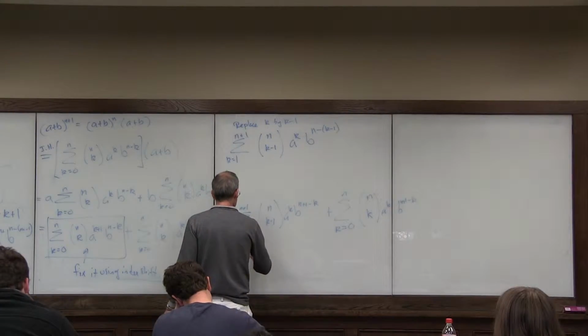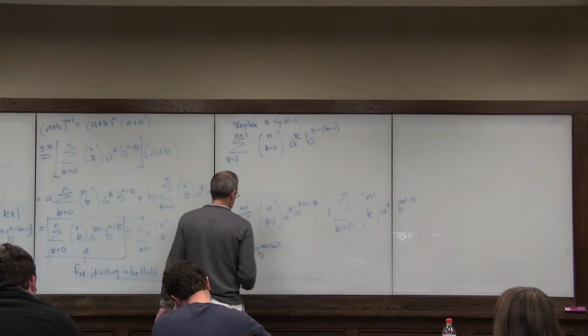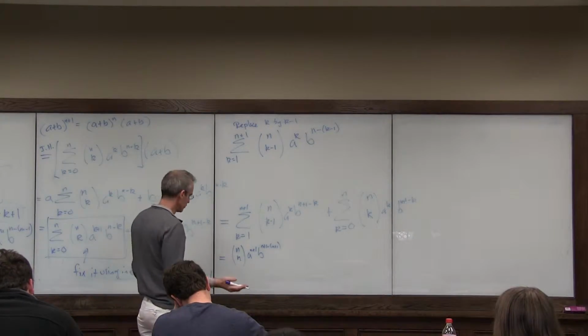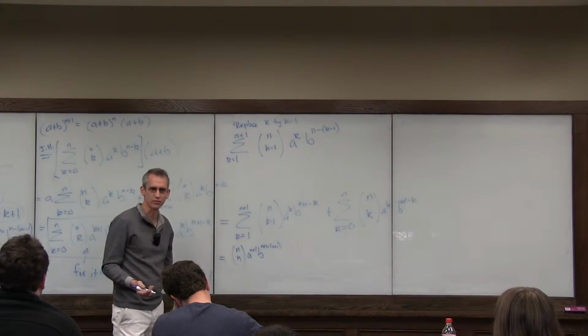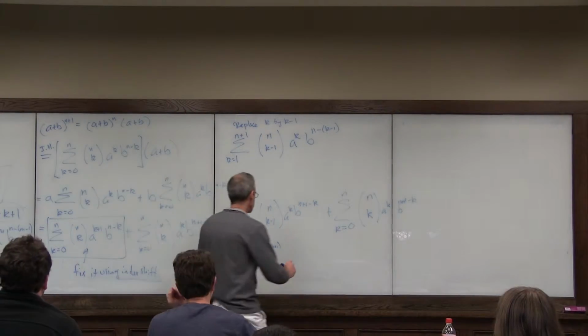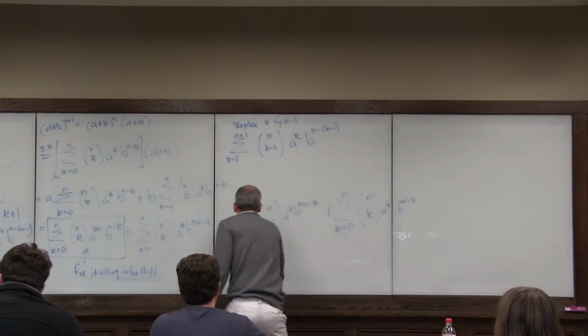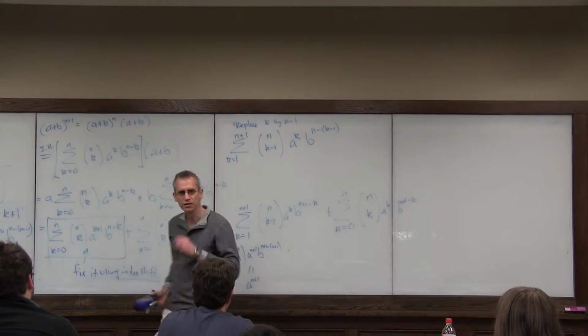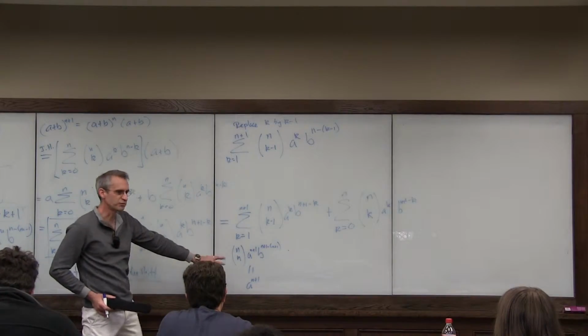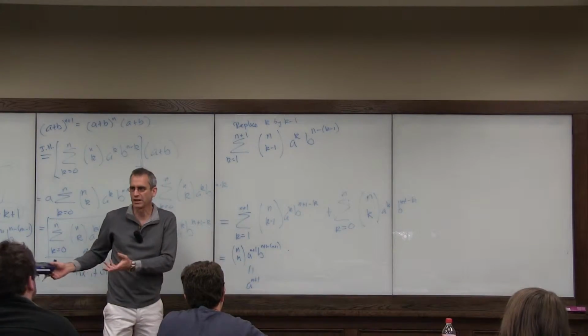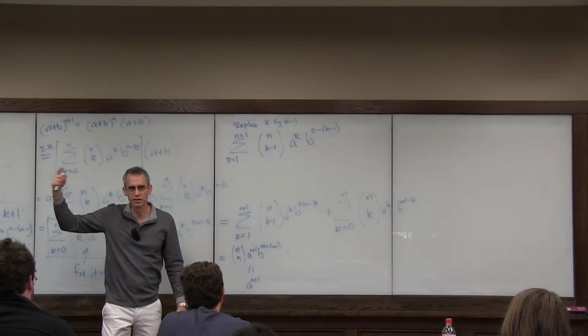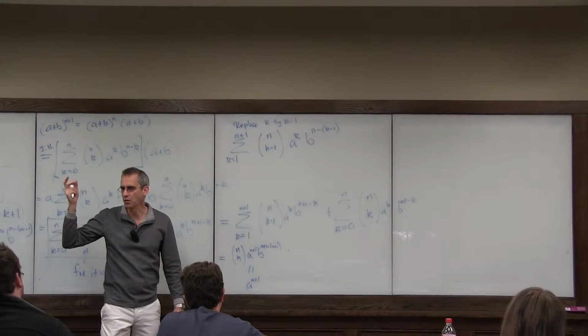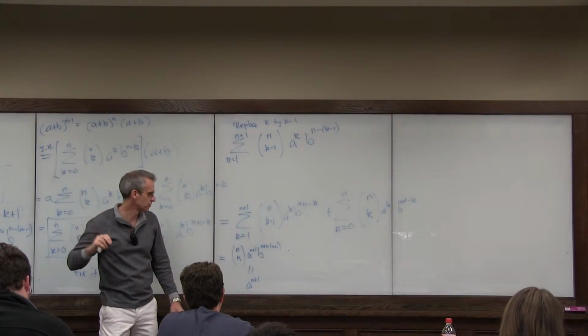A to the n plus 1, b to the n plus 1 minus n plus 1, which is just a to the n plus 1. So that equals a to the n plus 1, right? Which actually should make you feel really good, because that's the first term when you write the binomial theorem, right? The first term is always a to the n plus first power or b to the n plus first power, depending which way you go.